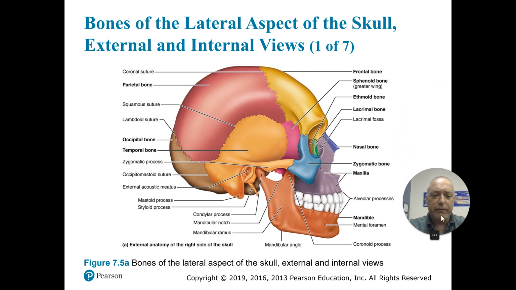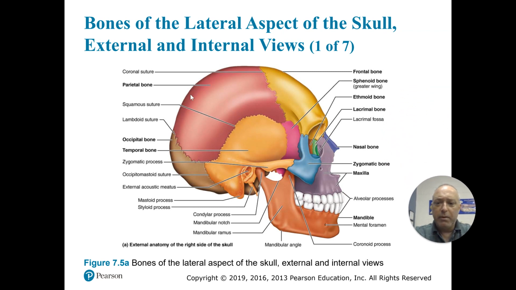Okay, we take a lateral view. We've got our parietal bone here with our squamous suture, our occipital bone with our lambdoid suture, we've also got the frontal bone with the coronal suture.